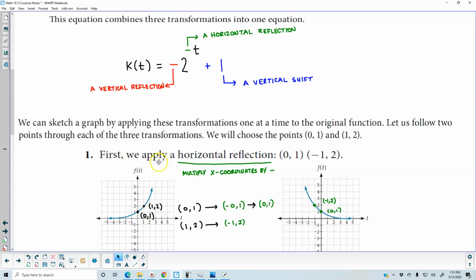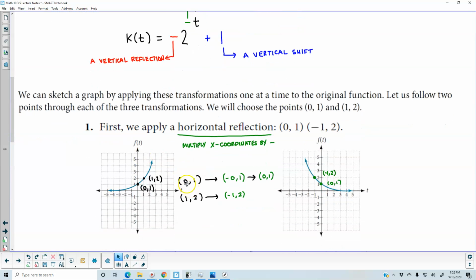Now, we're first going to apply the horizontal reflection. The horizontal reflection is the green, meaning that we're taking the negative value and applying it to the x coordinate, or the t coordinate. So we're going to multiply each x coordinate by a negative value. Let's take a look at (0, 1).